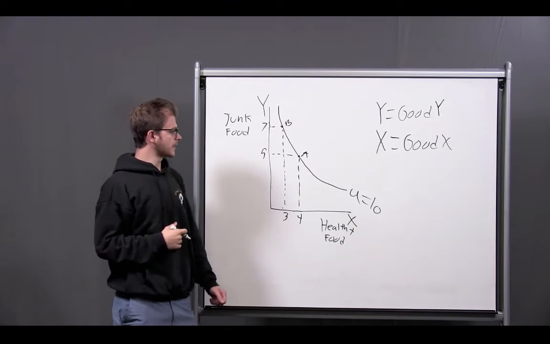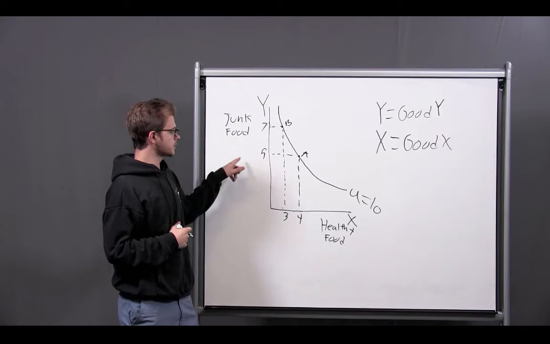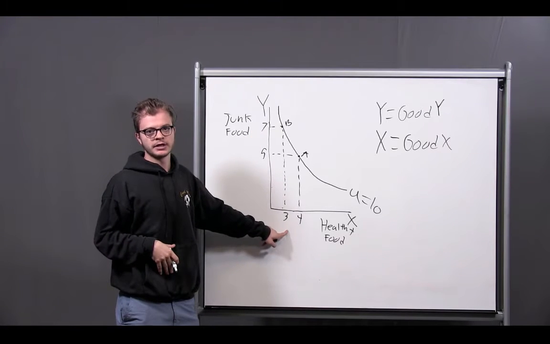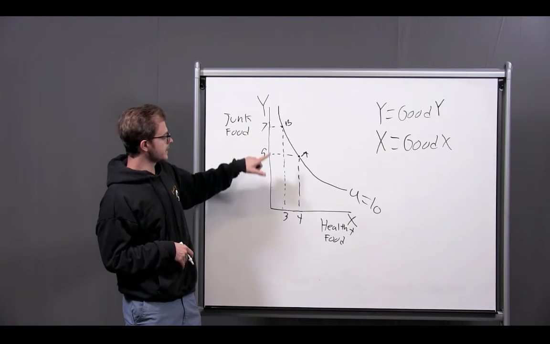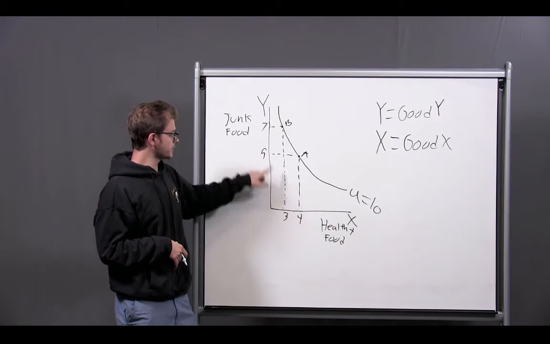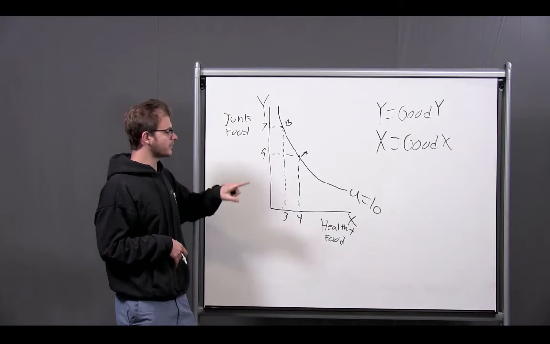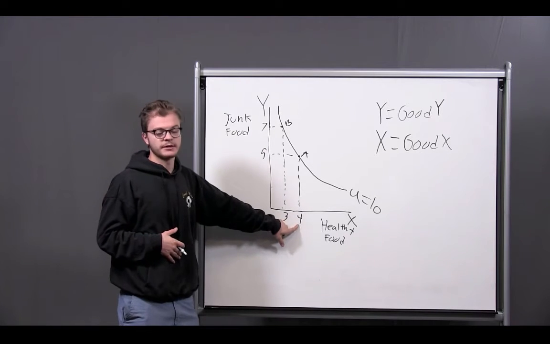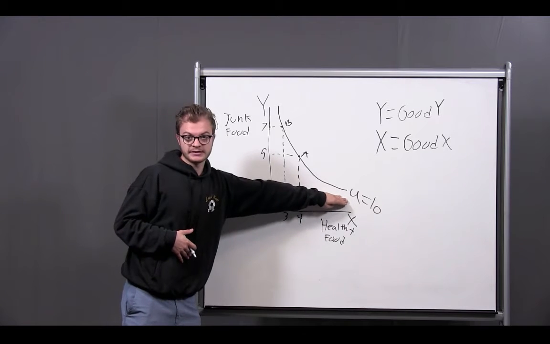What that effectively does is say, hey, my preferences aren't continuous. I need more junk food if I give up 1 unit of healthy food. And what you're saying is, if I have 3 units of healthy food and 7 units of junk food, I'm going to derive the same benefit as if I had 5 units of junk food and 4 items of healthy food. And in both those cases, I get 10 utility.